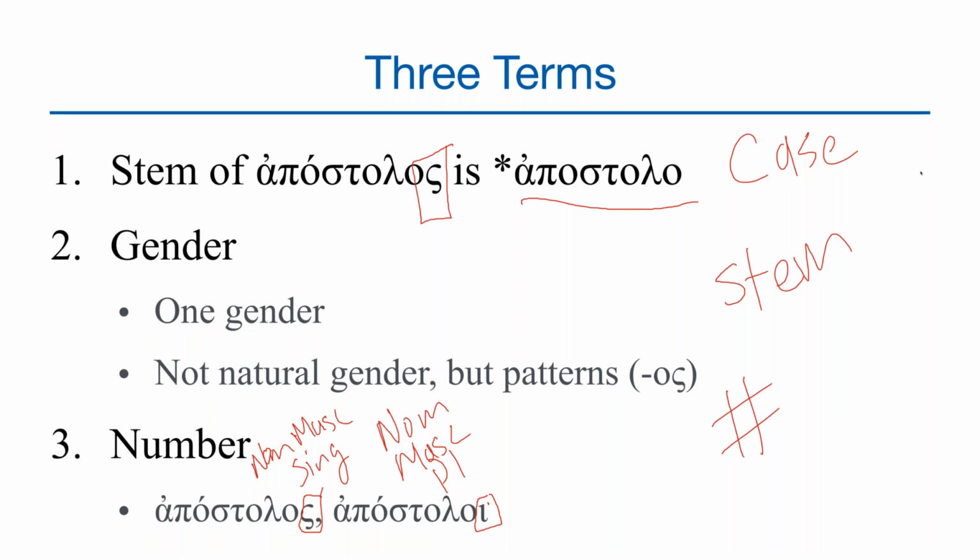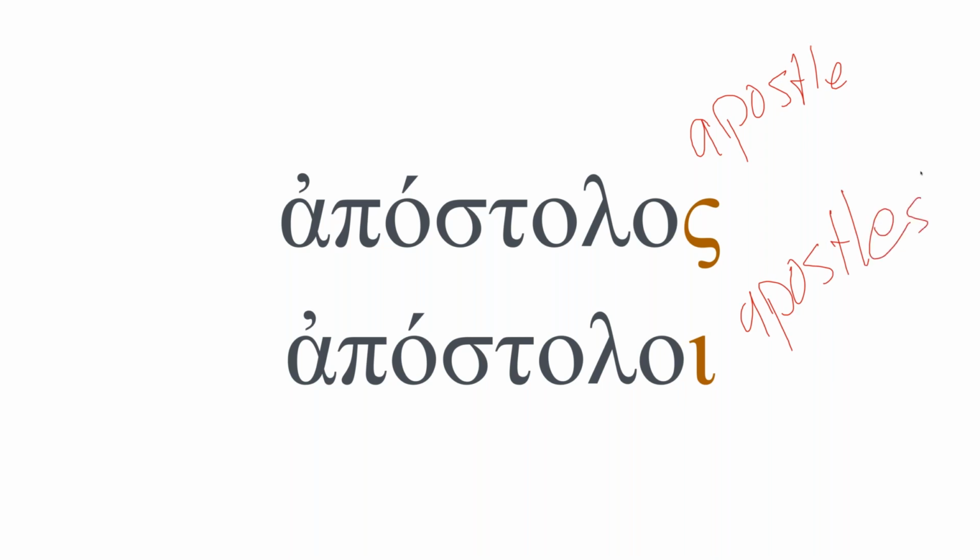Now you know a quarter of what I need you to memorize for tonight. All right, you can mute your microphones again. All right. The difference between apostle and apostles is a sigma versus an iota.